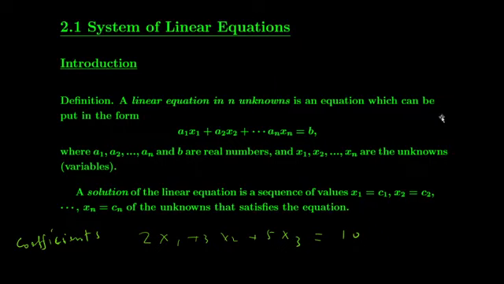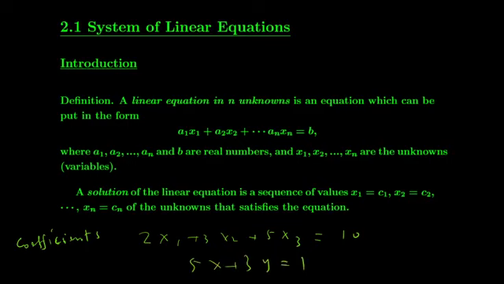And also in some cases, if there are not too many unknowns, we could use x, y, and z for the variables, for the unknowns. So now let's say this equation, 5x plus 3y equals 1. It's also a linear equation.